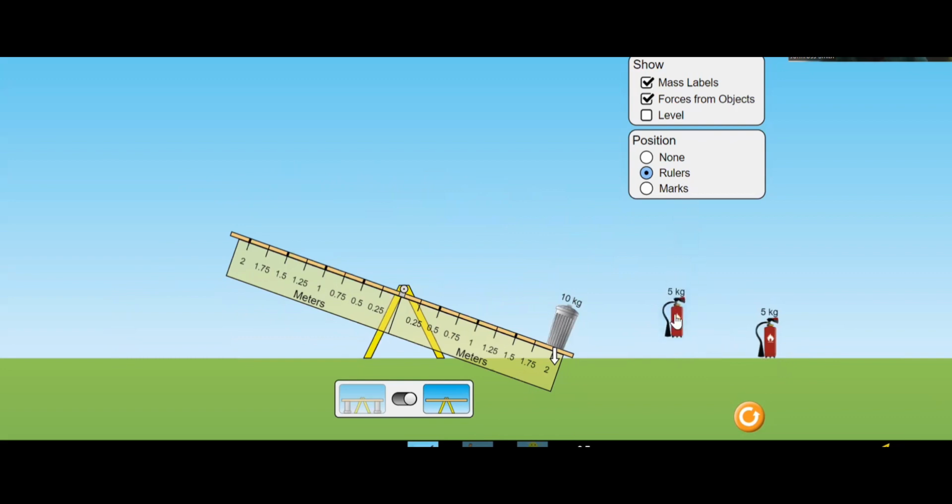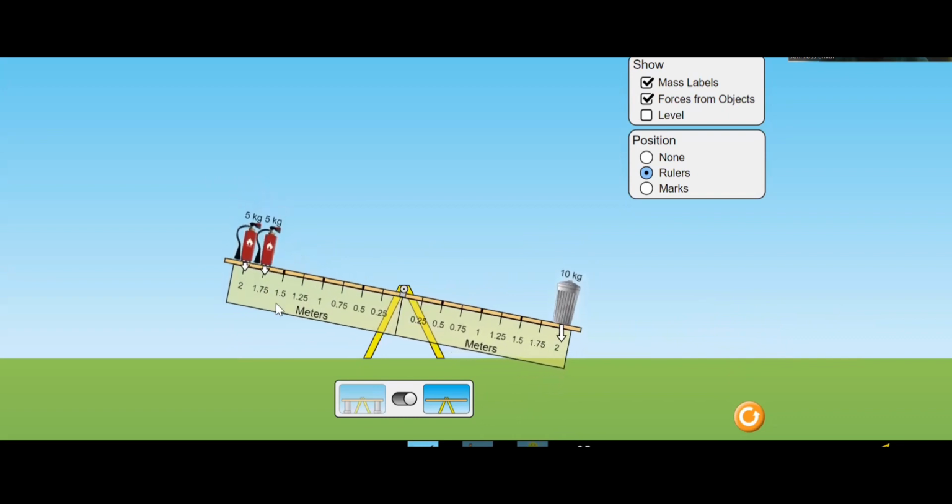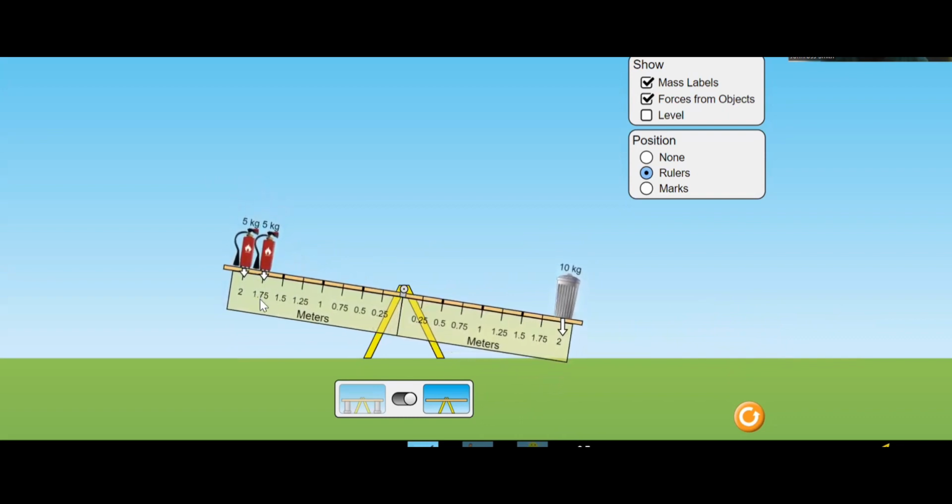So this is 50, and we need it to be 200, sorry. So if we put that one at 2, it's 50 times 2, which is 100. So we cannot balance it.